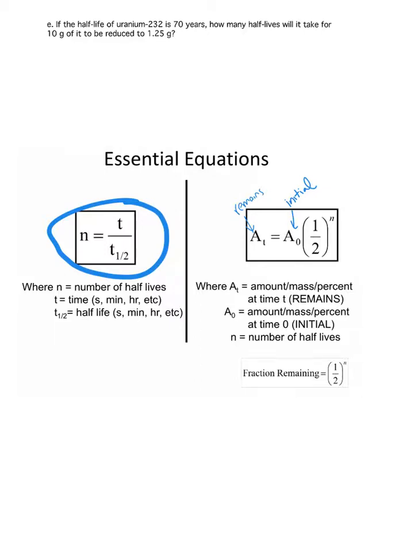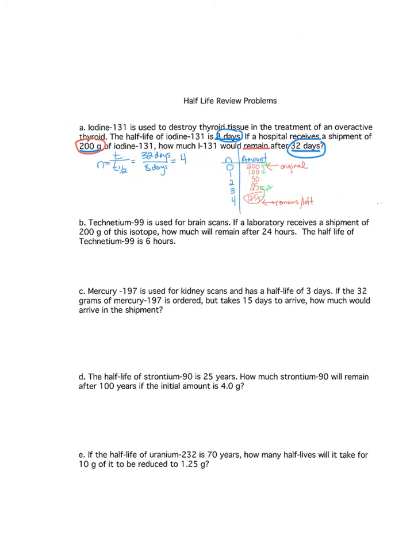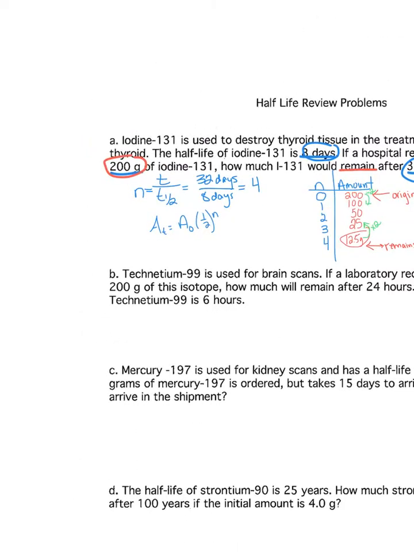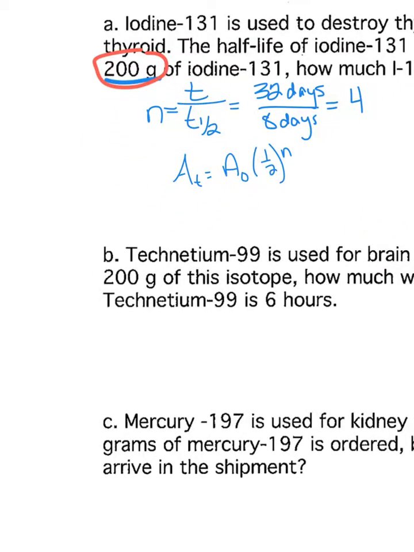So let's go back up to our original problem and see how we can use the equation method instead. I said the equation method is plugging into A_t equals A0 times 1/2 to the n. So all I'm doing is plugging in what I know. A_t is the amount remaining. I'm not sure of that, that's what I'm solving for.